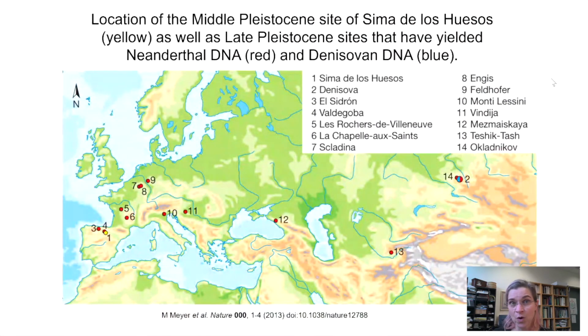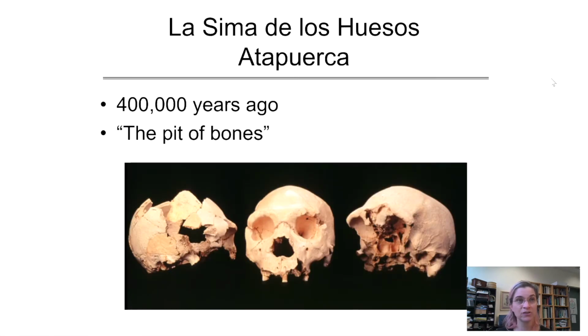Let me add a little more to this, though, because the ancient DNA studies just really started to accelerate at this point. A couple of years later, we have mitochondrial DNA that was extracted from fossils you have actually already seen before. Those are the bones from the Sima de los Huesos. So here's another map that has the Denisova, and a bunch of the other ancient genomes that had been extracted.